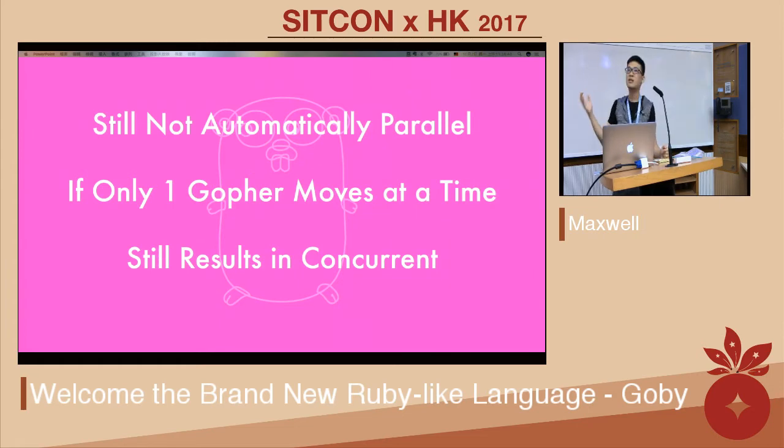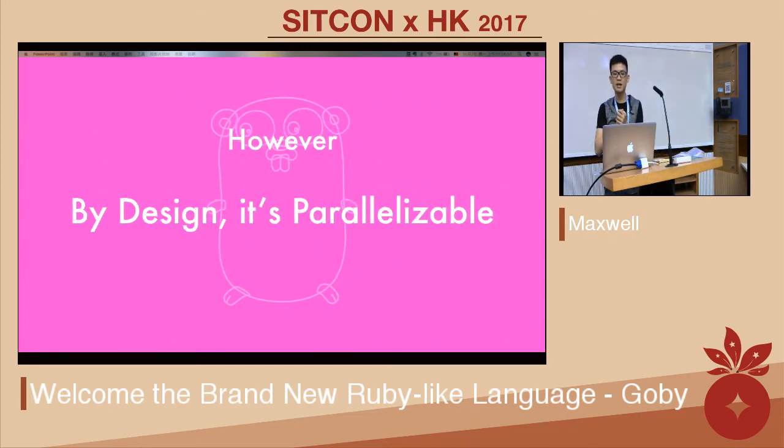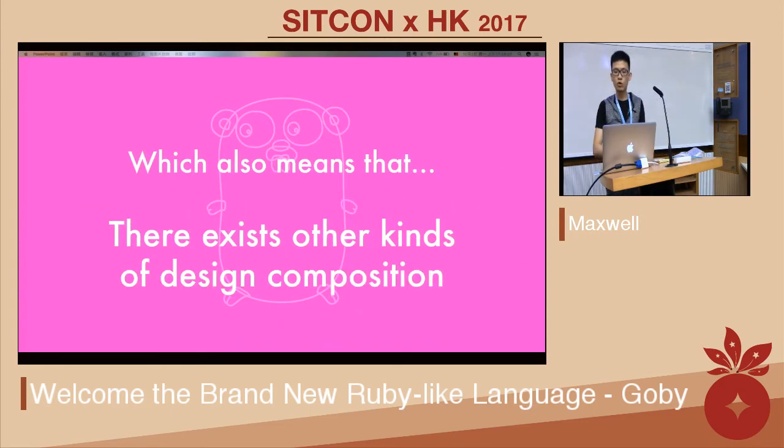The design can be parallel if both of the gophers do the same thing at the same time. So by design, it's parallelizable, which also means there exist multiple ways to design how this task is made concurrent.